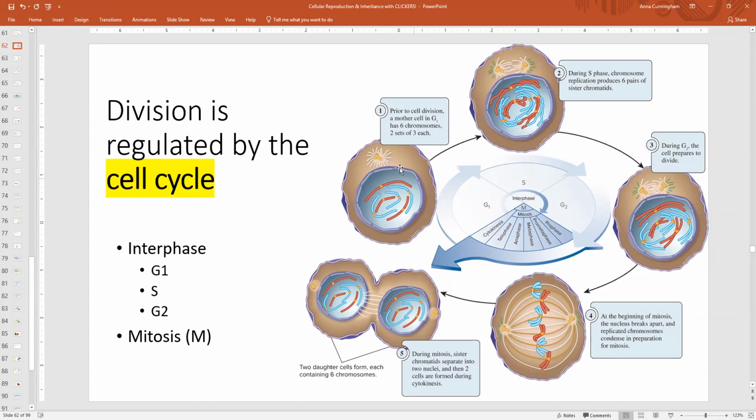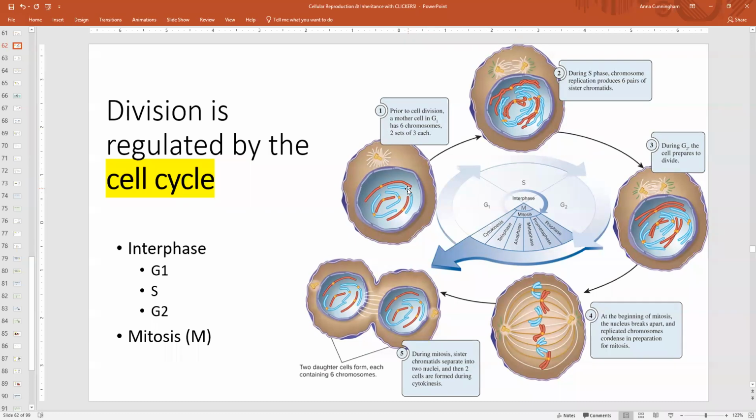And you can see that's exactly what happens. A cell grows up, goes from baby to adult in G1. And then once the cell enters S phase, the DNA is duplicated via DNA replication.